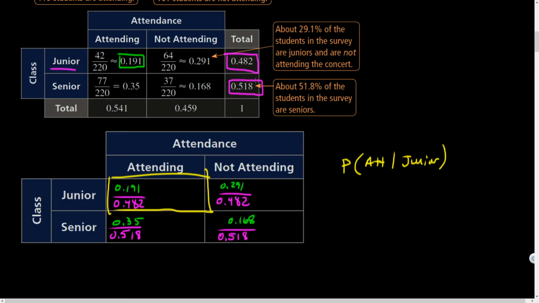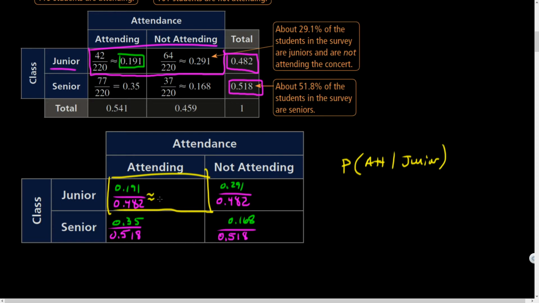Hopefully you're seeing where these are coming from. Since I'm doing this by row, another way I could say it is, I'm doing 0.191 divided by both of those added together, which is what that represented. And so it's still part divided by total, successes out of total outcomes. Still behaves the same way.